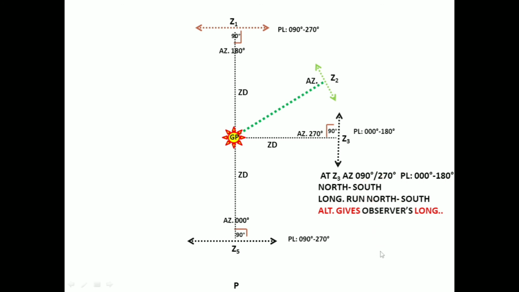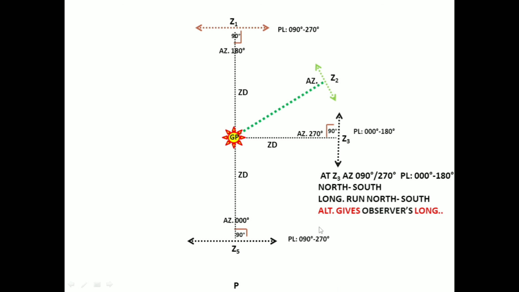So if the observation was made when the azimuth was 270 or 90, then I would get my observer's longitude. As I said, we'll be talking about finding out longitude also later on, but at that particular time, you will not be getting your longitude. You'll be getting a longitude through which you are going to pass your position line.